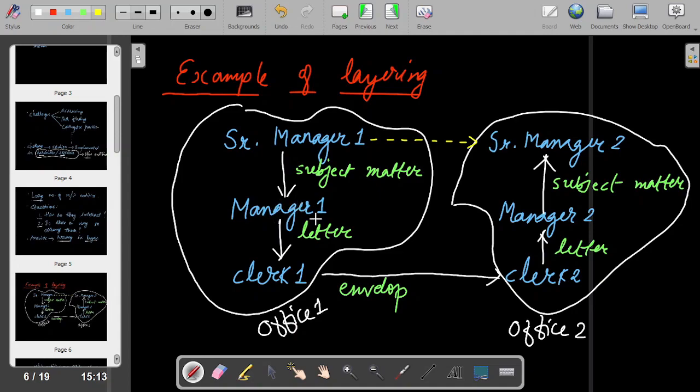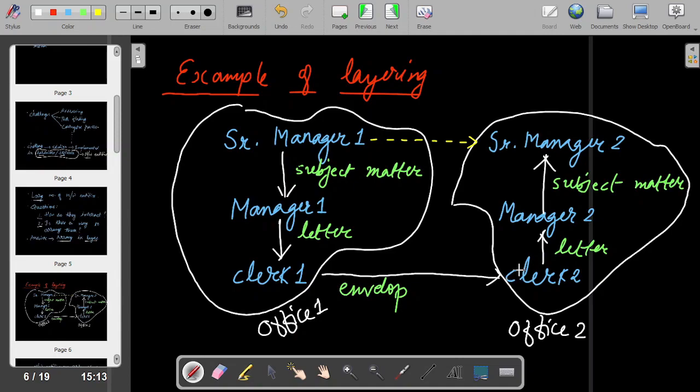Manager 1 gives that letter to clerk 1. Clerk 1 prepares an envelope, puts the letter into the envelope, writes from and to addresses on the envelope, and then drops that envelope in the post box. After some days, the envelope reaches the second office.